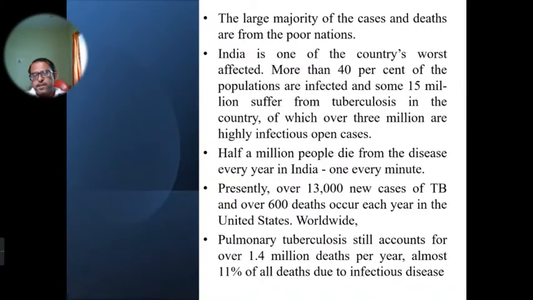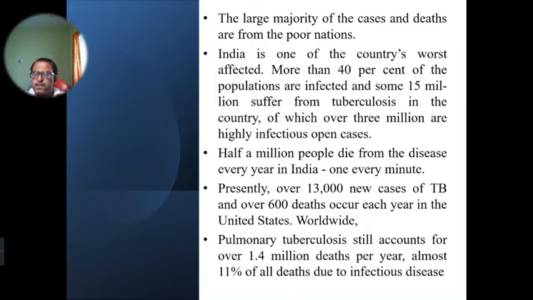Presently, over 13,000 new cases of TB and over 600 deaths occur each year in the United States. Though it is a developed country, this disease is still causing a devastating effect there.